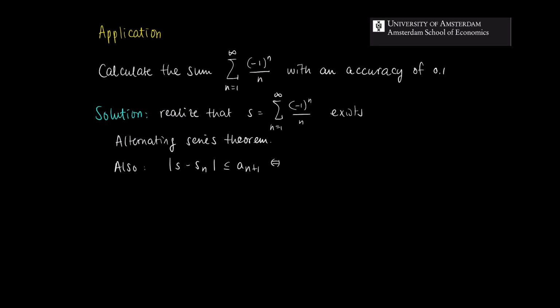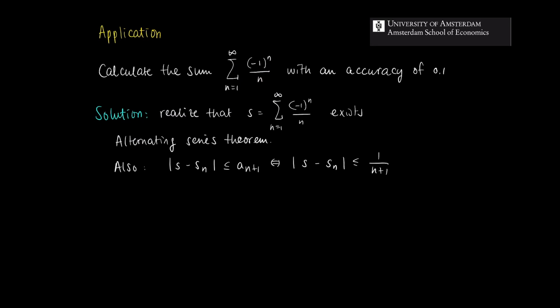So we know that S minus the nth partial sum, and now we use our knowledge about this underlying sequence a_n, we know that the estimate S_n for S has an accuracy of at least 1 over n plus 1.